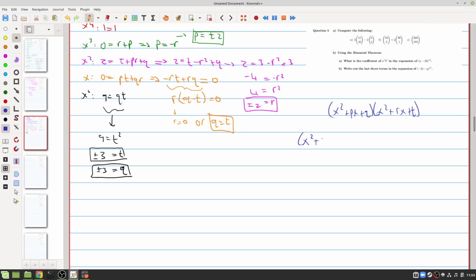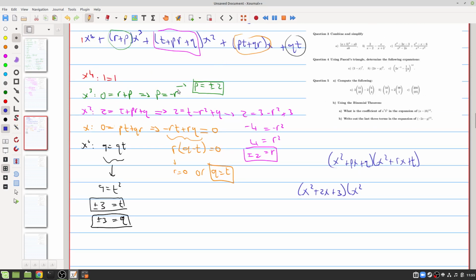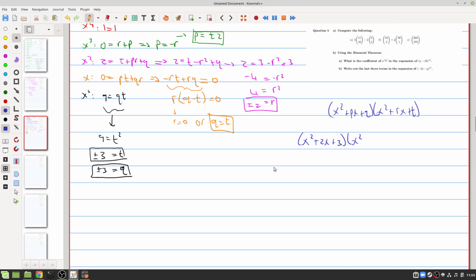So plus p, so p is 2, so plus 2x plus q, and q is the same as t, which is 3. Okay, in our other bracket we've got x squared plus rx. Where r is negative p, so r is negative 2 or positive 2. So positive or negative 2.